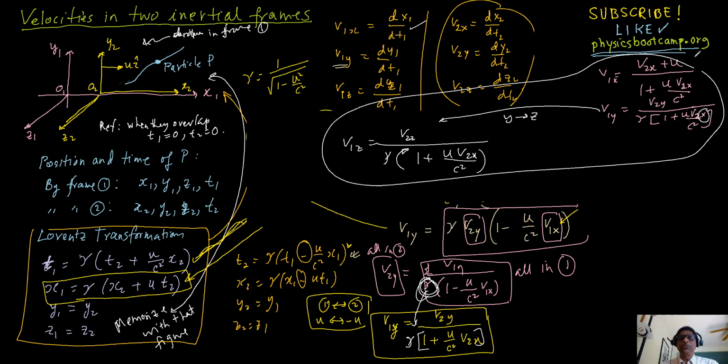Now if I wanted to go the other way, if I want v2x equal to what, all I have to do is change u into minus u.